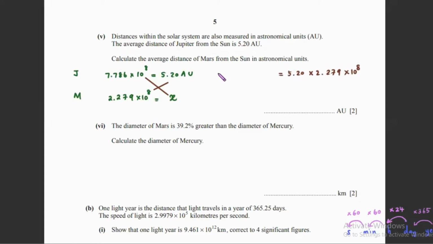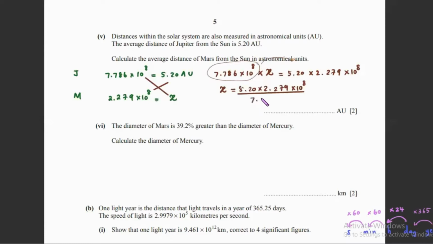So 7.786 times 10 to the power 8 into x. If I'm to find what x is, I need to write 5.20 times 2.279 times 10 to the power 8 and then divide it by this amount that I have here, because I'm going to take this amount to the other side of the equation.